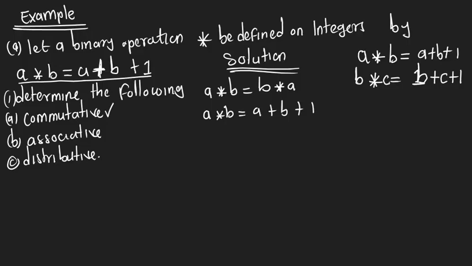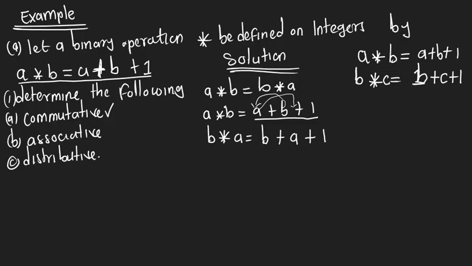If A star B is equal to this, then B star A is going to be, the B moves here and the A comes here. So this can also be written as B plus A plus 1.